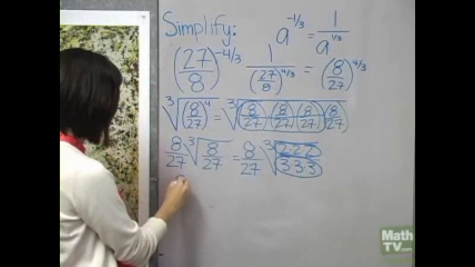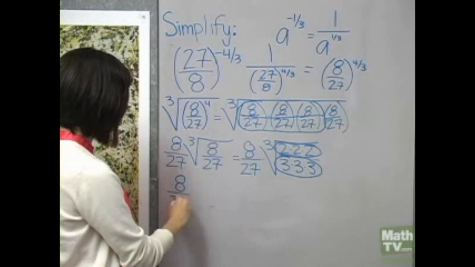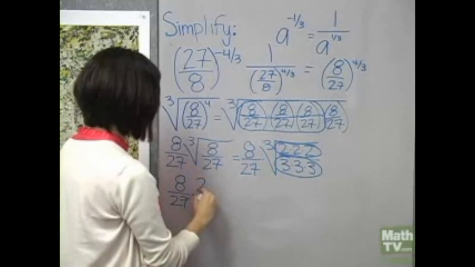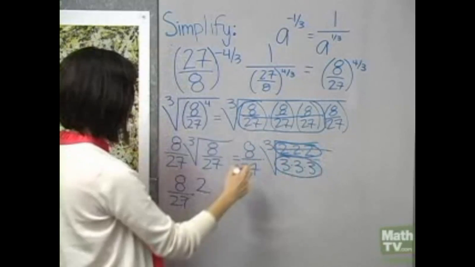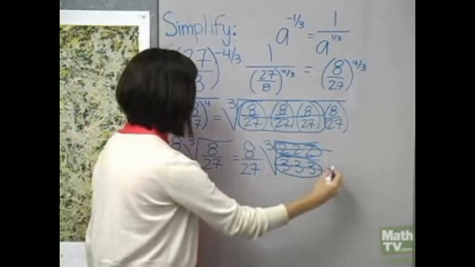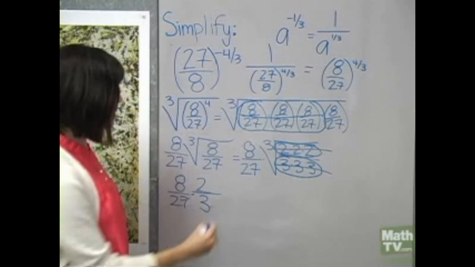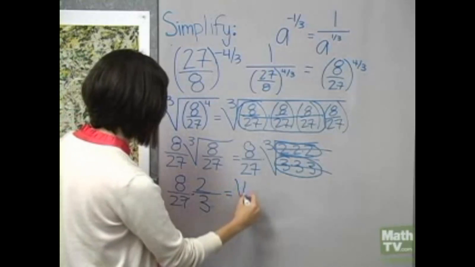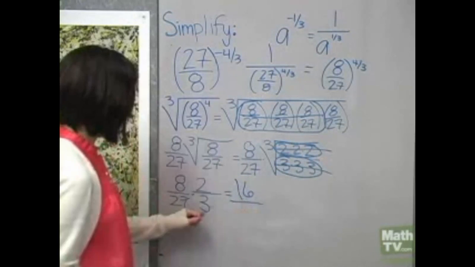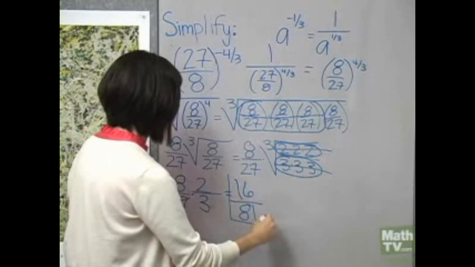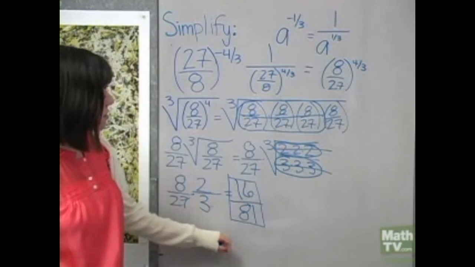So really what we have is 8/27 times, I pull out a 2 in the numerator, and I can pull out a 3 in the denominator, and I'm left with nothing inside the cube root. 8 times 2 is 16, and 27 times 3 is 81. So 16 divided by 81 is our final answer.